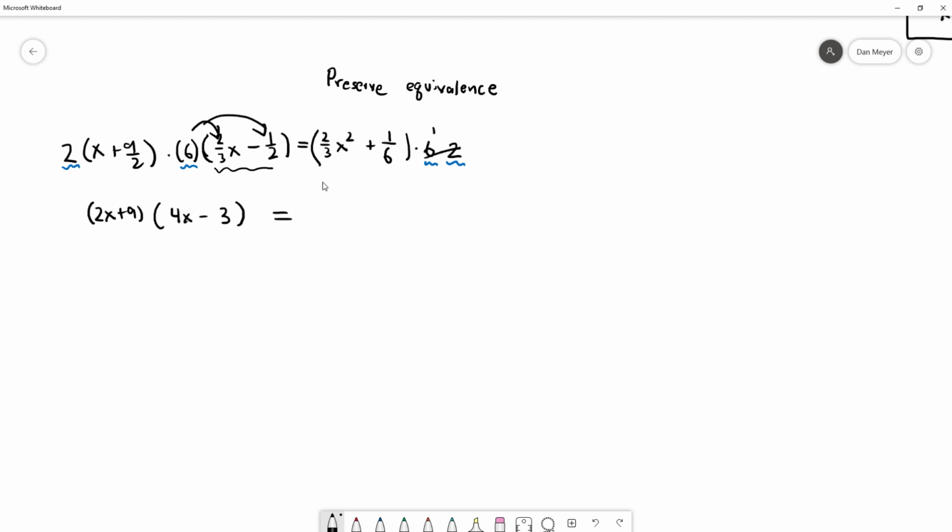Here, when I distribute the 12 through, you get 8x squared plus 2. When I FOIL out the left-hand side, we have 8x squared minus 6x plus 36x minus 27.